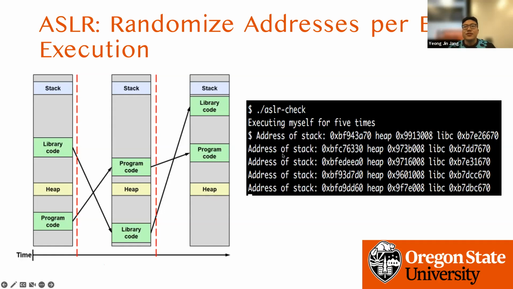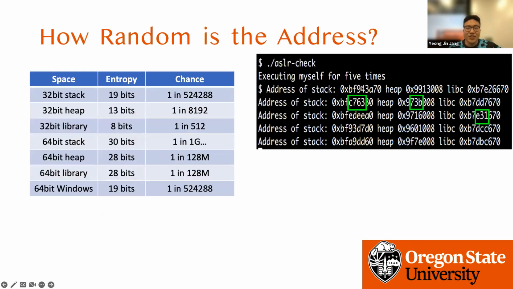And if you fetch the week 4 challenges on the VMCTF3 server, you will see a program called ASLR check, which you can run on the server. I placed that there to see how it changes. In the program, I print the stack address, heap address, and libc address, and you can see that the addresses change at each execution.